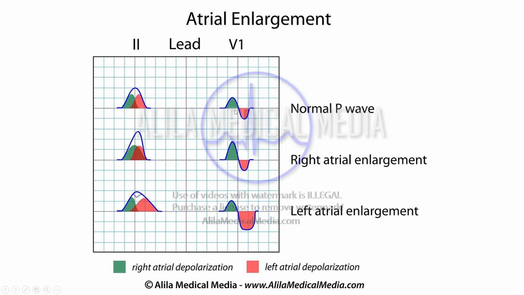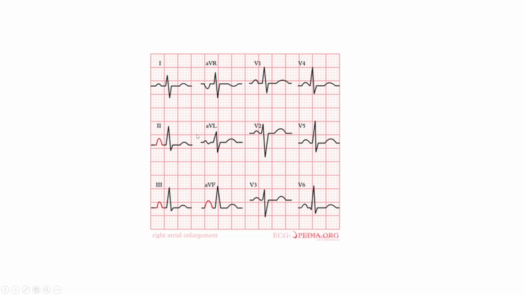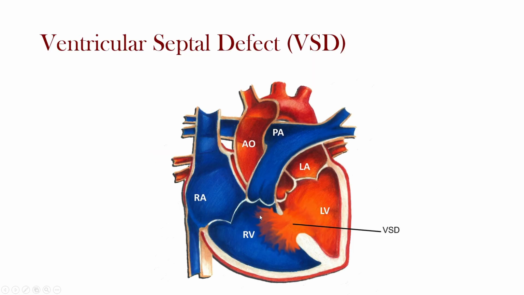In V1, we can see it very clearly. The first mountain in the P is the right, and the second one is the left. If they are not the same size, the pressures from the atria are different. As we can see, P pulmonale is more than the normal size, so it's right atrial enlargement.